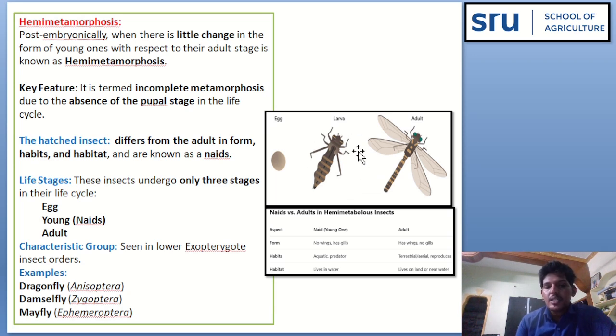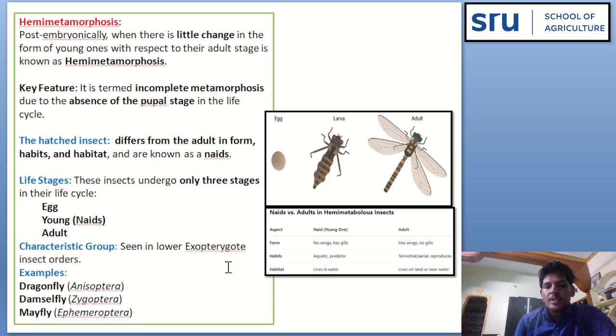The hatched insect differs in form, habit and habitat from its adult and is known as a naiad. This insect undergoes only three stages in its life cycle, that is egg stage, a young one stage which is the naiad, and the adult stage.